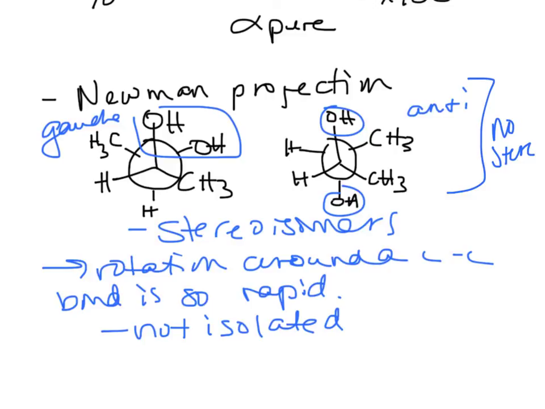I'm just indicating where the groups are in relation to each other. I'm not giving you the absolute configuration at the carbon. So while they are stereoisomers, you cannot determine if there's chirality here, because I'm not giving you any kind of three-dimensional arrangement in space.